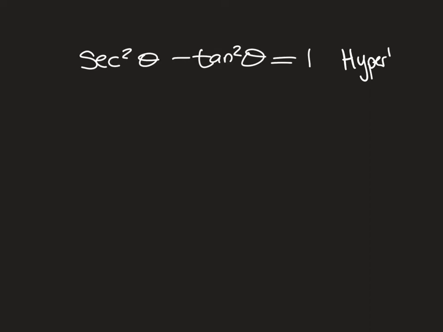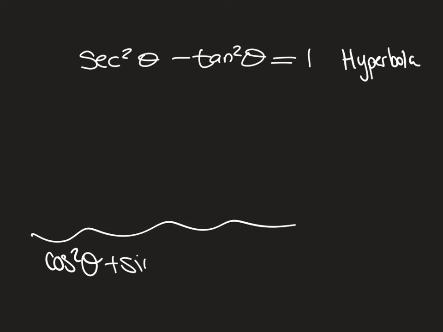We have a Pythag that says secant squared theta minus tangent squared theta equals 1. And this is the one we use when we have a hyperbola. On the previous 2 pages, we used cosine squared theta plus sine squared theta equals 1 for circles and ellipses.